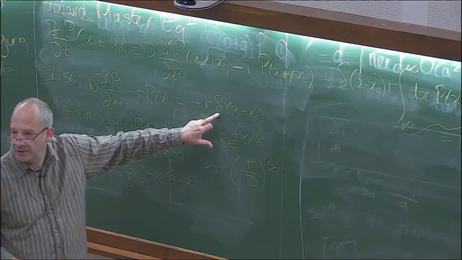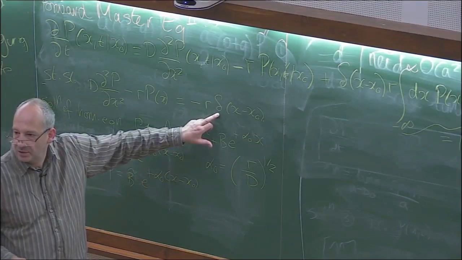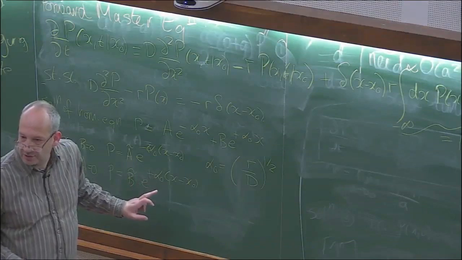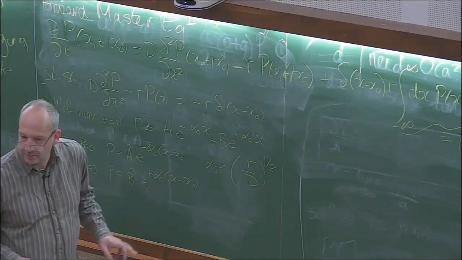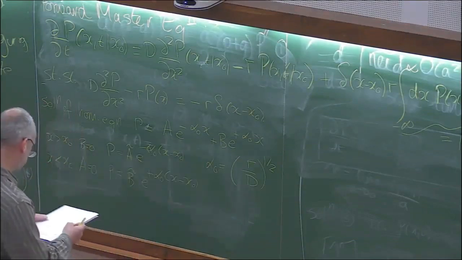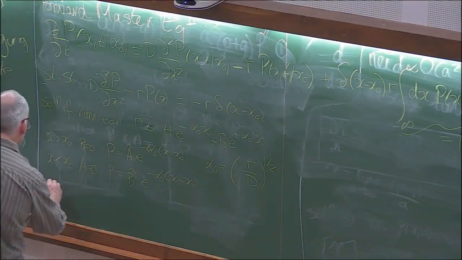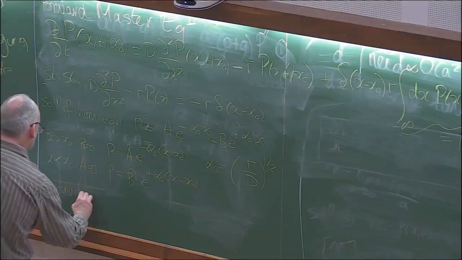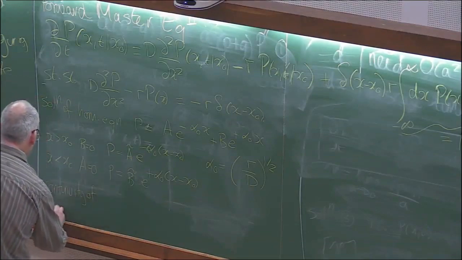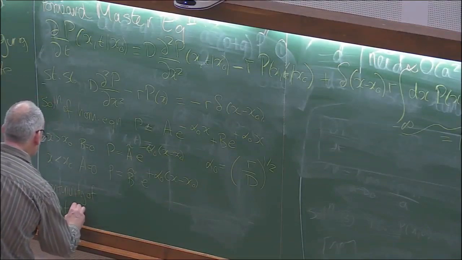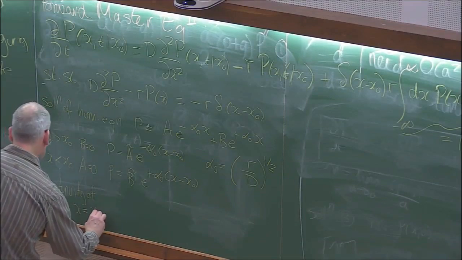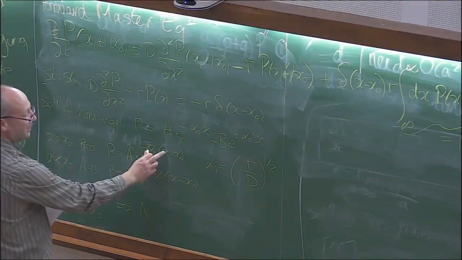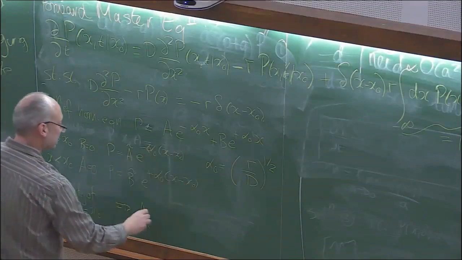So first of all, we can fix one of the constants by just demanding that p is continuous at x equals x naught. Continuity of p at x equals x naught simply implies, the way I've written it, that's nice: when I put x equals x naught, I get 0 here, so I just have a tilde equals b tilde.